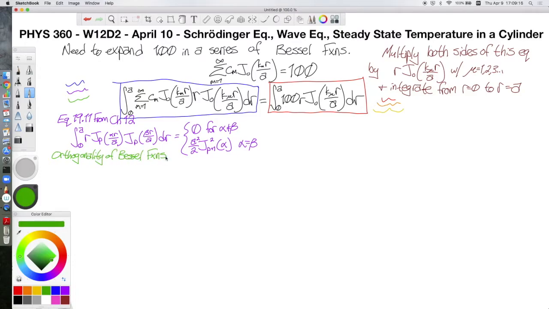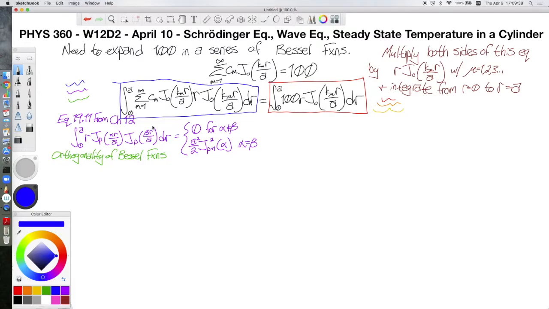So the only terms that survive from our boxed equation in green above are the terms where mu equals m. It's worth noting that all of our arguments inside of these J's in equation 19.11, here and here, have to be the zeros of the Bessel functions.